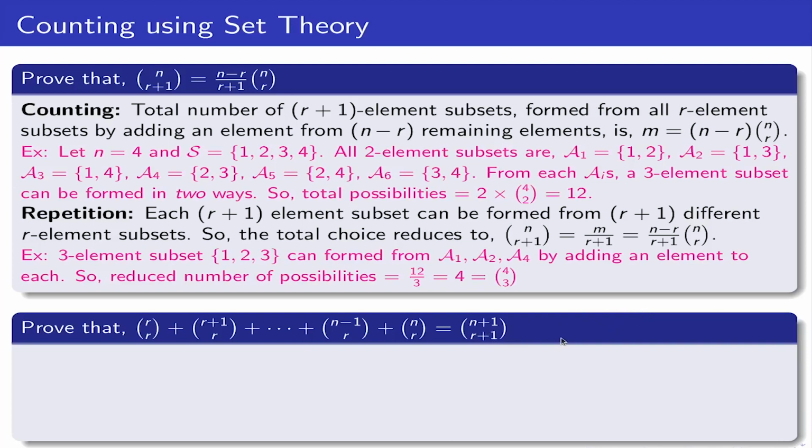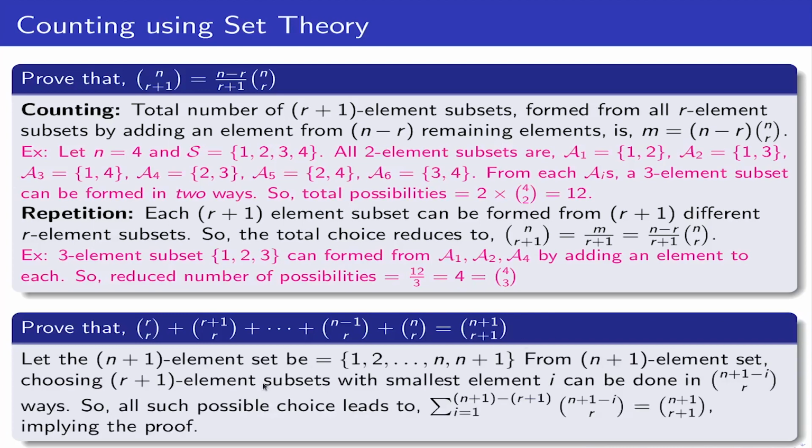So the R plus 1 element subset that I choose may have smallest element 1 and the rest of the elements are more than it, plus all the subsets that I choose that have smallest element 2 and the remaining are more than it. In this way, if I try to add how many subsets are possible, finally I will get everything.